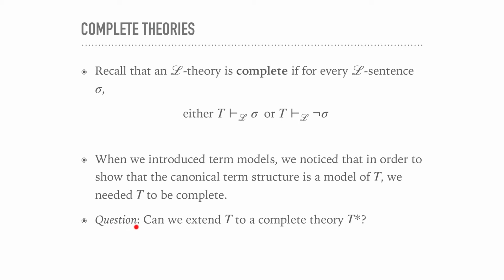So the question is now, can we extend T to a complete theory T star? If this is indeed possible, then every model of T star, since T is a subset of T star, would also be a model of T, because if a structure satisfies every sentence in T star, it also satisfies every sentence in T.